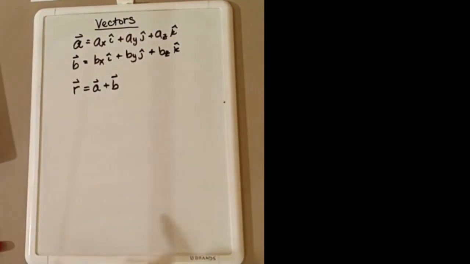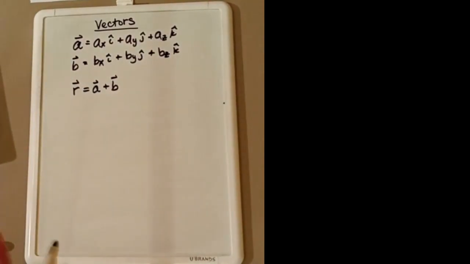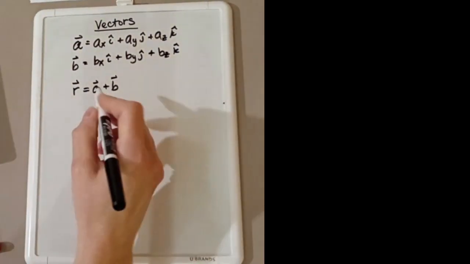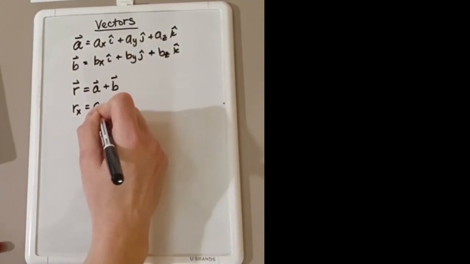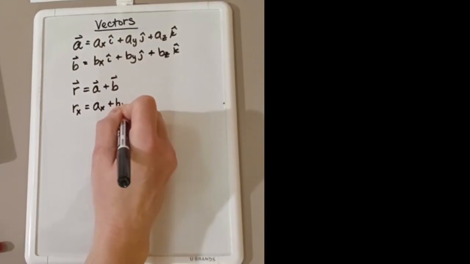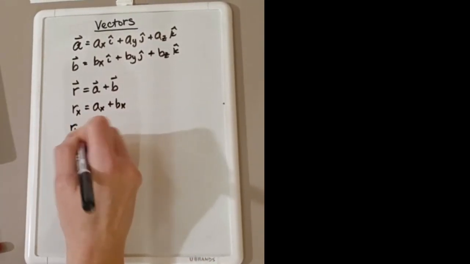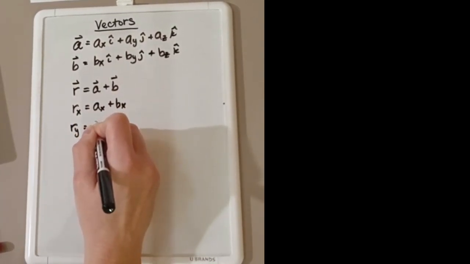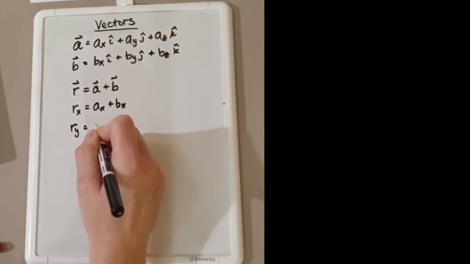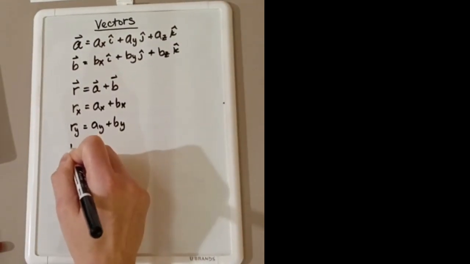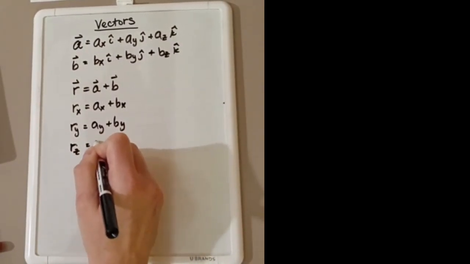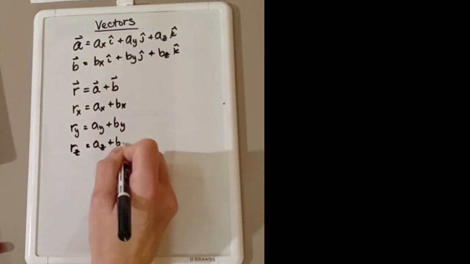R is also going to have X, Y, and Z components because A and B have X, Y, and Z components. So R sub X is just A sub X plus B sub X. R sub Y is A sub Y plus B sub Y, and R sub Z is A sub Z plus B sub Z.